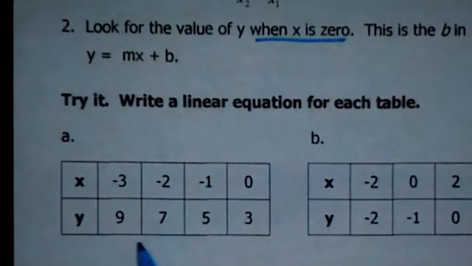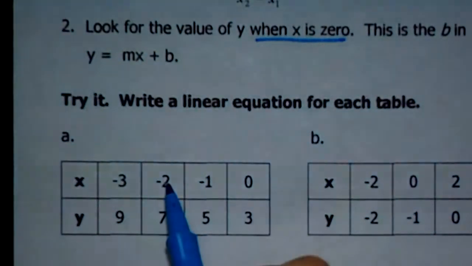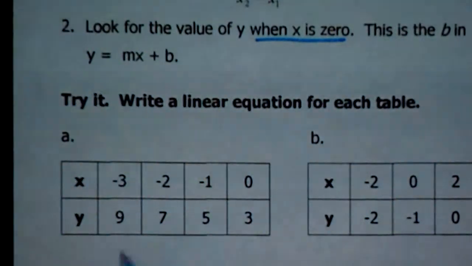Now I know that you have done the 7 minus 9 over negative 2 minus negative 3. Another way to look at this is the change in y. So when you're looking at y, to get from 9 to 7, and from 7 to 5, and from 5 to 3, we see that y is going down by 2 every time, right?